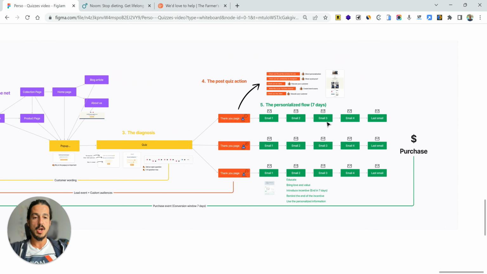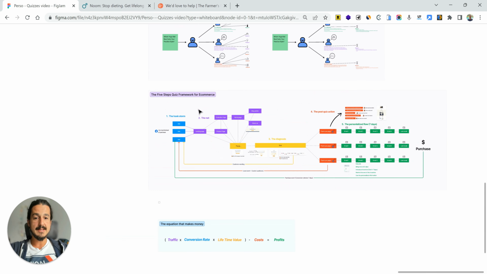But here's the trick. The way we designed this email flow, it is based on the conversion window of the ad. Let me explain. It's a bit confusing. If you are doing Facebook ads, the conversion window is 7 days. So you want a purchase to happen in the first 7 days after someone clicked on an ad.